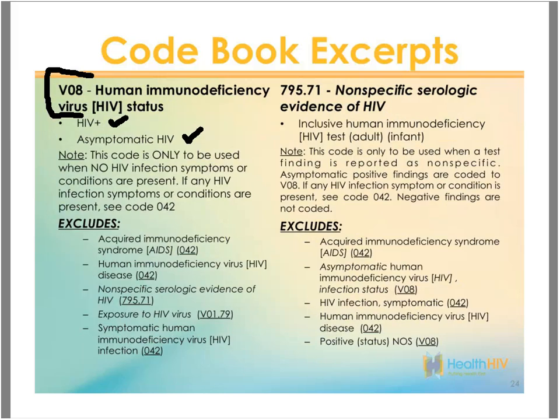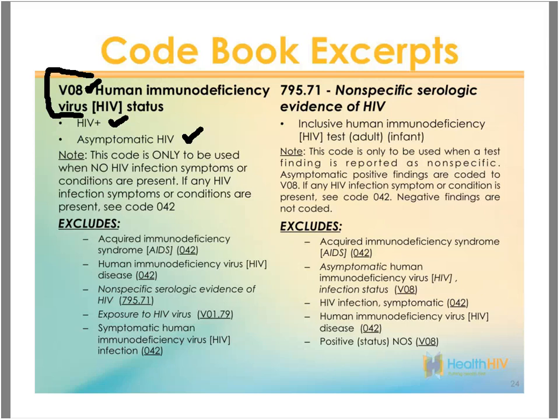So we just discussed the V08, and we mentioned that the V08 diagnosis code reflects HIV status. And so anytime the documentation from a provider in a medical record states that the patient is HIV positive or that they have a symptomatic HIV, the coder is going to pick that up as V08.